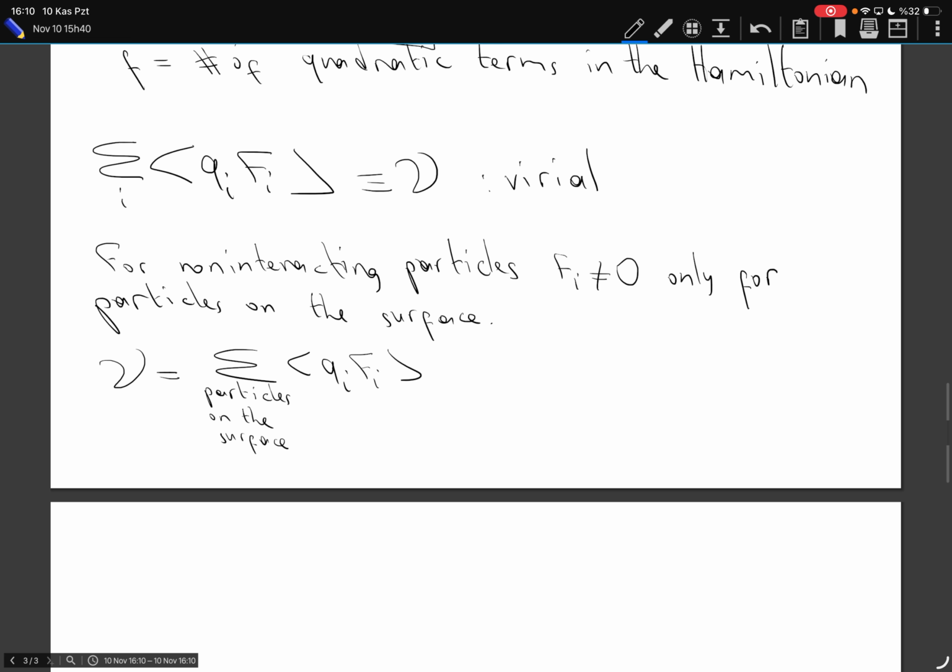Well, this is just the sum over all R on the surface, all positions on the surface. Now, the position of my particles are at R, dot product with the total force acting on all the particles at that point R.